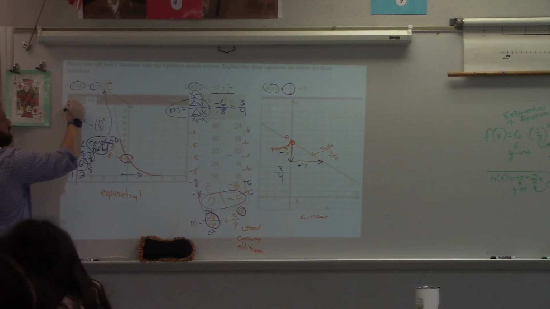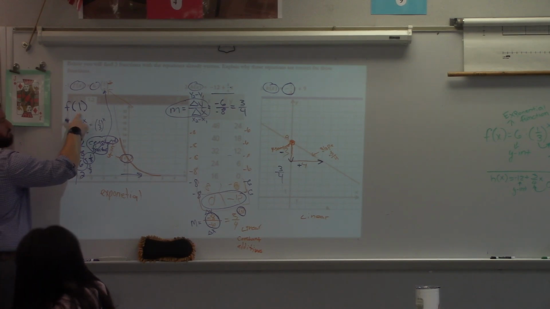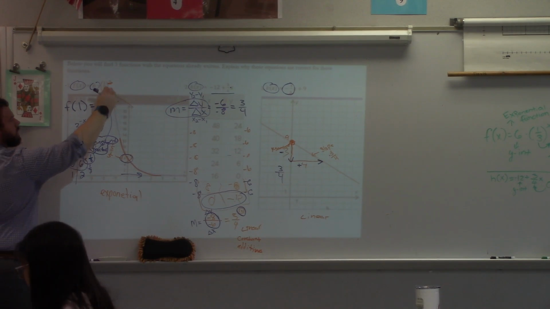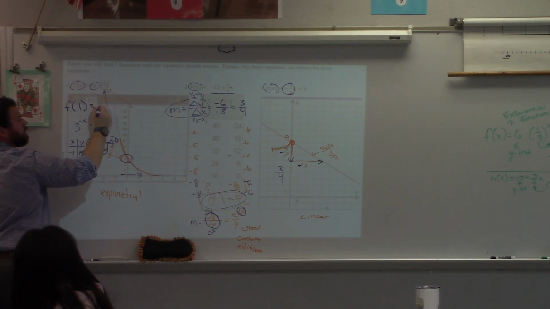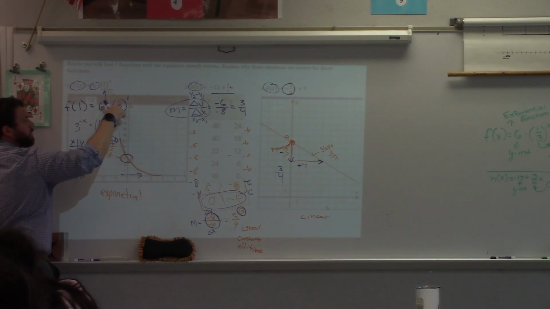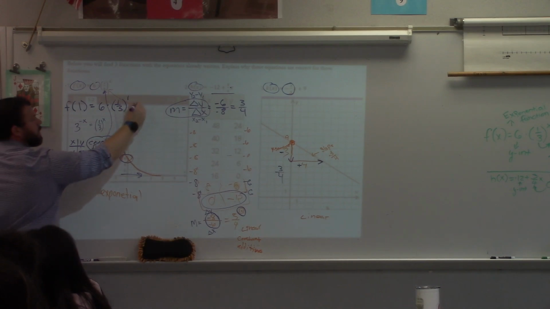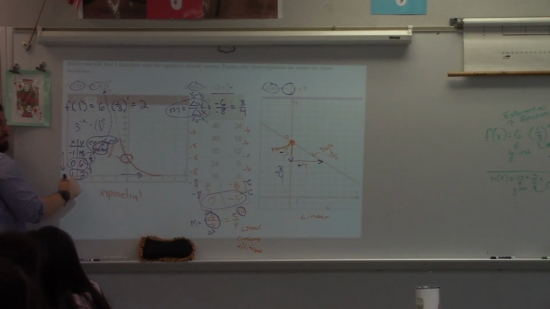One final thing I do want to point out because it's going to help you later. Also notice, if I substitute a 1 in, what did that 1 just take the place of? X, right? So what's going to take the place of this x? 1? And anyone know what 6 times 1/3 will come out as? 2. Because the input of 1 maps to what output? 2. That does not change.